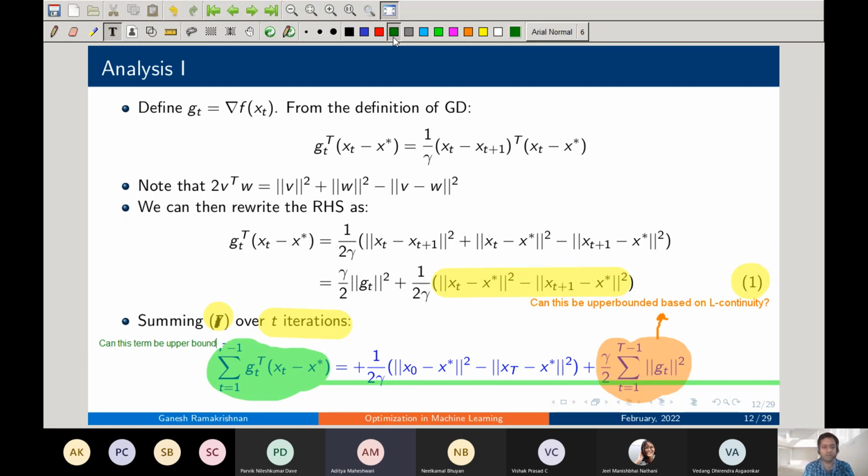But we will talk about upper bounding, because we want to upper bound the number of iterations. So this is upper bounded based on convexity.